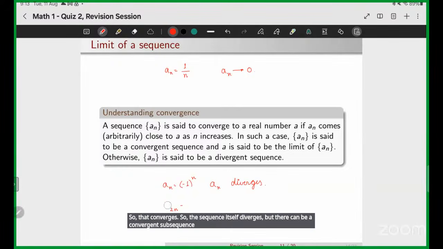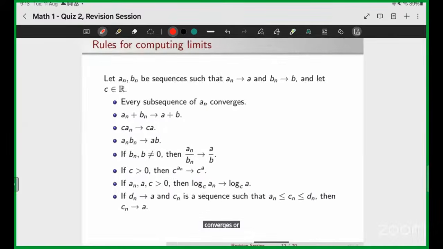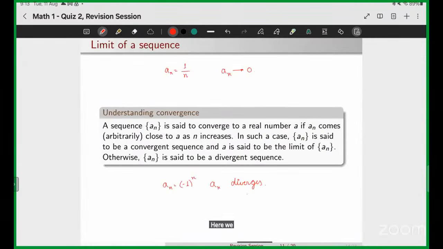This is just a side note. But to show something converges or diverges, we have certain expected properties. Here we said that a divergent sequence can have a convergent subsequence, but can a convergent sequence have a divergent subsequence?